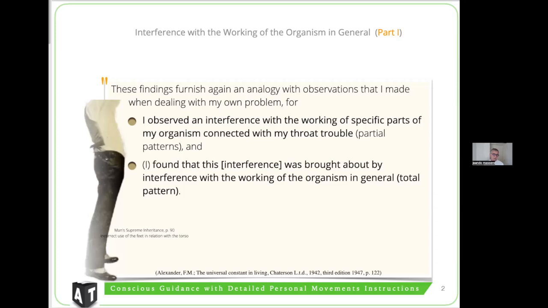Alexander invited a scientist, and that scientist wrote an introduction to The Universal Constant in Living, the fourth book, where he described what he found with amblyostoma, little animals that had a tendency to direct the movement of the different parts according to a global pattern, and each special pattern was just a continuation of the condition set forth by the general pattern, or the total pattern.